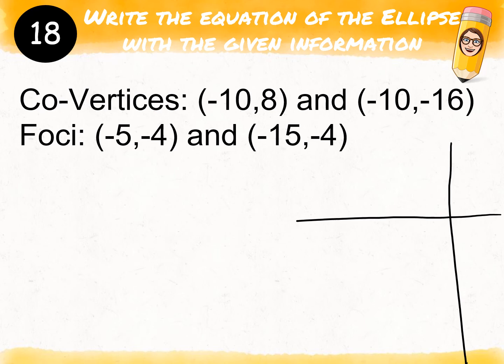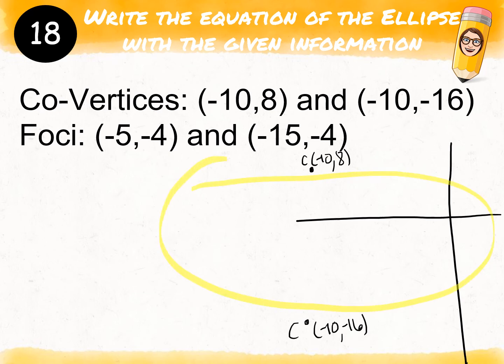Co-vertices are at negative 10, 8, and negative 10, negative 16. My foci, so if those are my co-vertices, I know that my major axis is the x-axis, right? I'm just going to envision this. It's like it's going to go like this somehow, right?